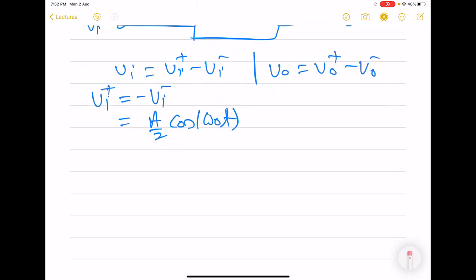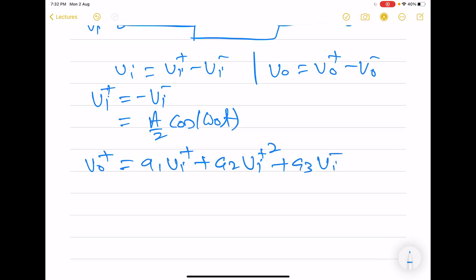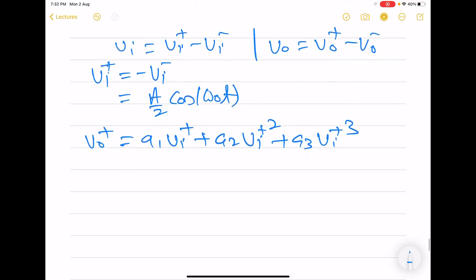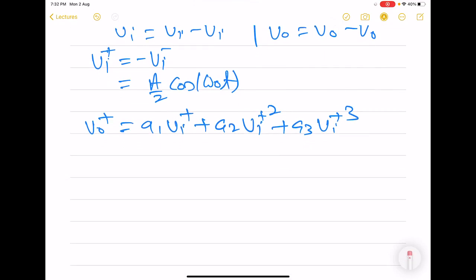So Vo plus is going to be given by the cubic expression for Vi plus. That means A1 Vi plus plus A2 Vi plus square plus A3 Vi plus cube. And similarly, Vo minus is going to be A1 Vi minus plus A2 Vi minus square plus A3 Vi minus cube.